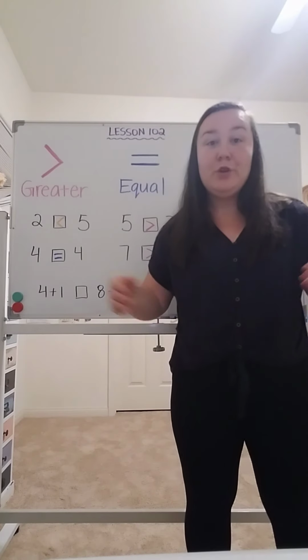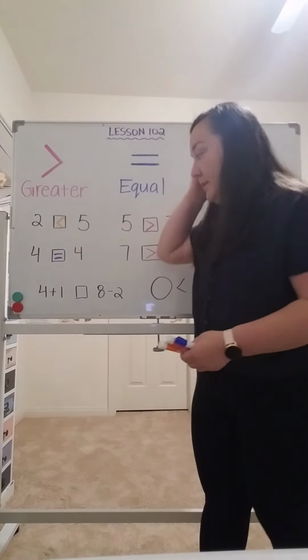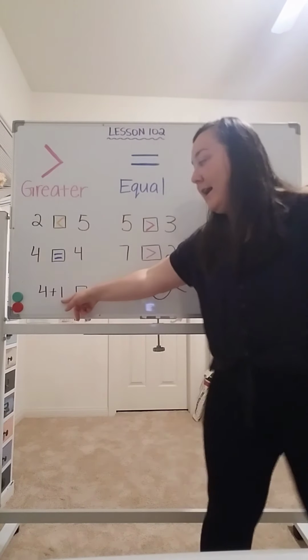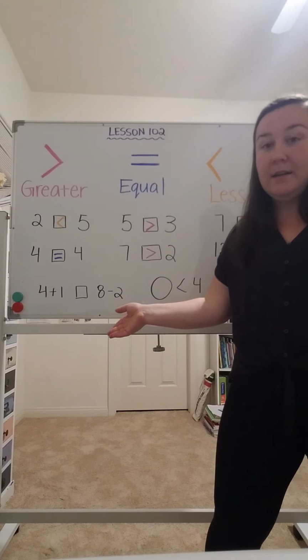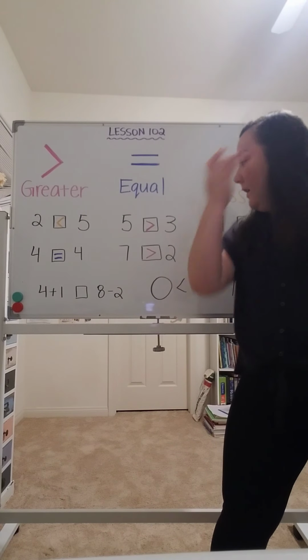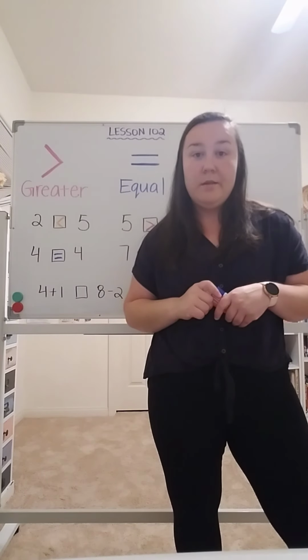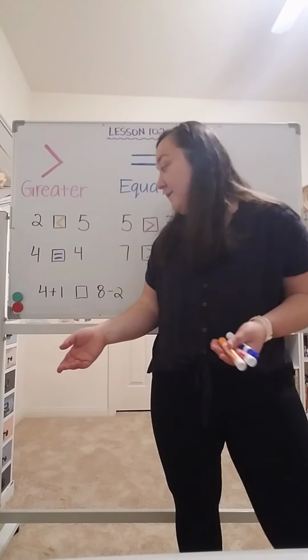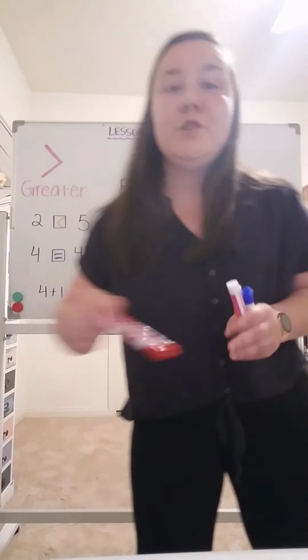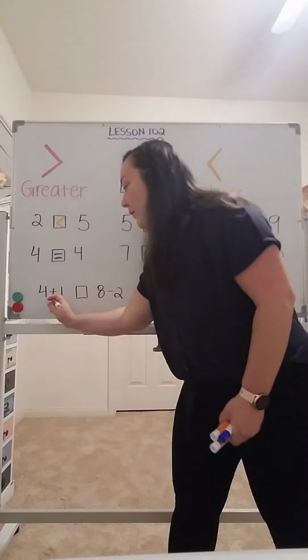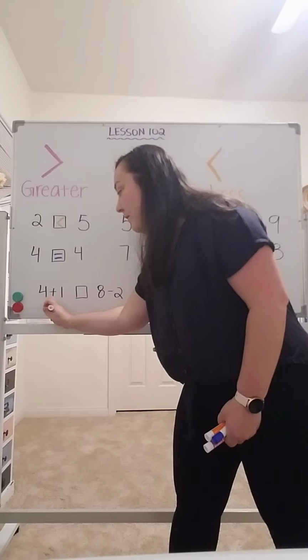Now we're getting to even more interesting problems. Now we're adding or subtracting on each side. So what is 4 plus 1? 4 plus 1 is 5. So I'm going to write 4 plus 1 is 5.